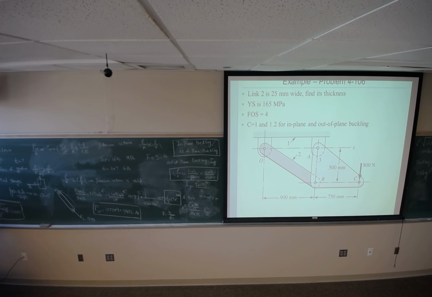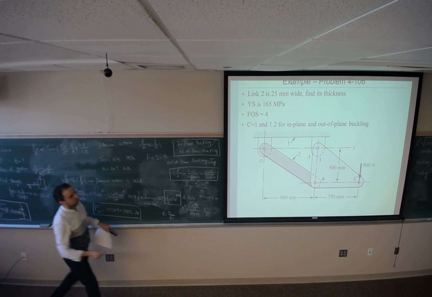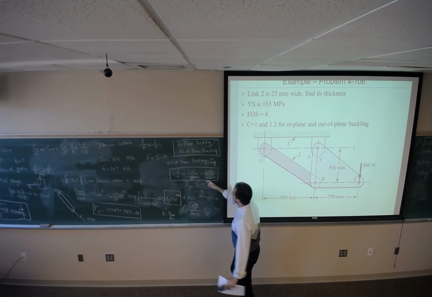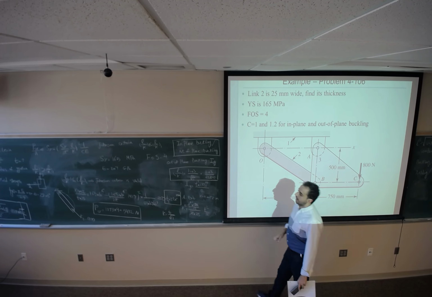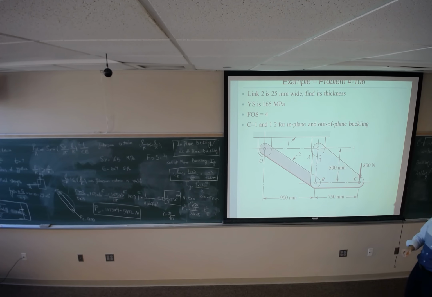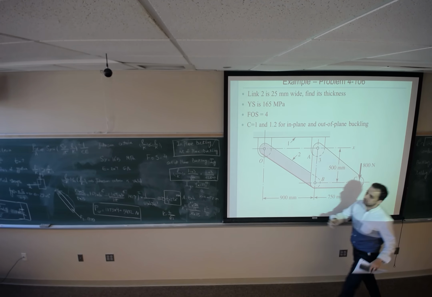So times the square root of 1.2. So L over K1 is going to be 157 times the square root of 1.2. If you compare with this, you cannot tell which criteria should be used. So you should make an assumption.